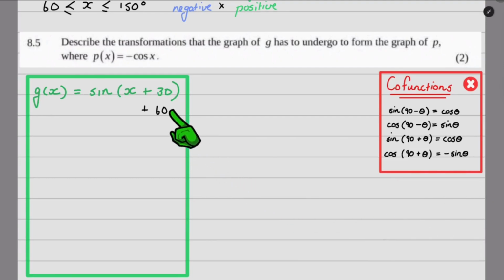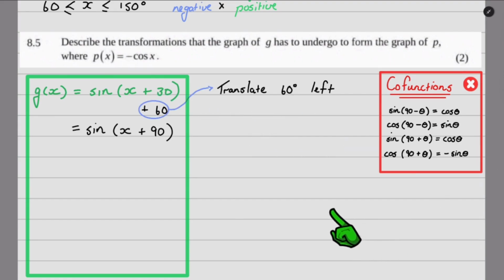To accomplish that, I'm going to need to add 60 to this angle to transform it into sine of x plus 90. In terms of transformation, that means I translated the graph 60 degrees to the left. Remember, it's the opposite signs for left and right. Left is plus and right is minus.